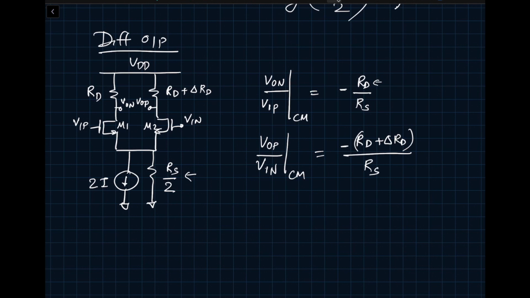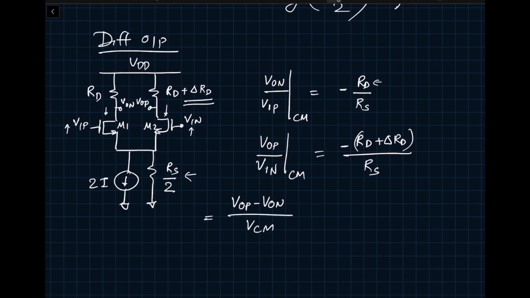Okay, so I'm just figuring out. So now you can clearly see that in common mode, if both the inputs go up, let's say, the output on the left will drop down, but the output on the right will drop down further. And now you can clearly see that because of the mismatches, there is a differential signal at the output which is generated because of this delta RD. What is VOP minus VON divided by VCM?